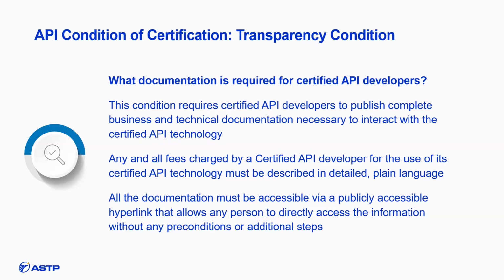This also includes anything that's needed to distribute, deploy, or enable the use of this technology, and verify the authenticity of users and register software applications. Importantly, certified API developers are also required to publish any and all fees that are charged by a certified API developer for the use of its certified API technology.